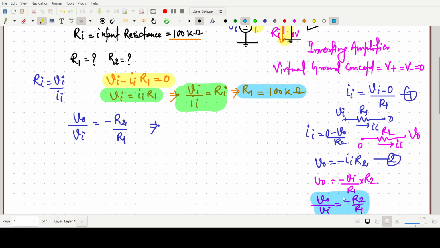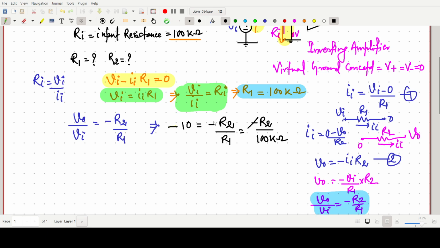Now we have to find the gain. Sorry, the gain is already given: V naught by Vi is minus 10. So minus 10 equals minus R2 by R1, where R2 we have to find and R1 is known to us, 100 kilo ohm.